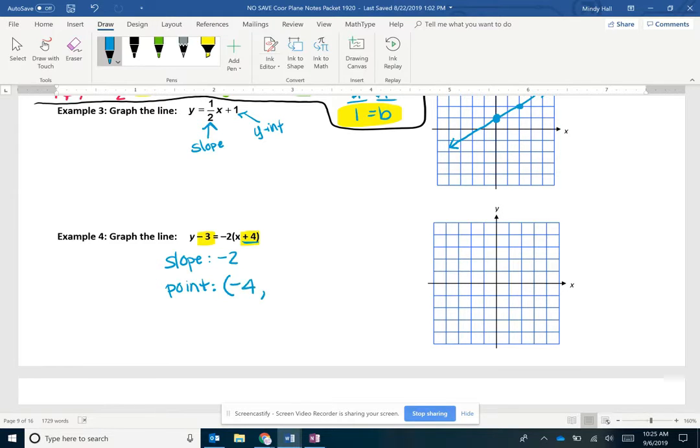And then with the y, it looks like a -3, but it's really going to be a +3. So then we plot that point, -4, 1, 2, 3, 4, and up 3. And then a slope of -2 would go down 2 and right 1, or up 2 and left 1. Then you connect your dots, and that's all you have to do.